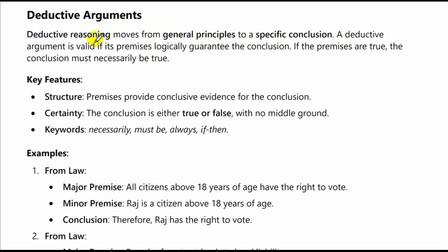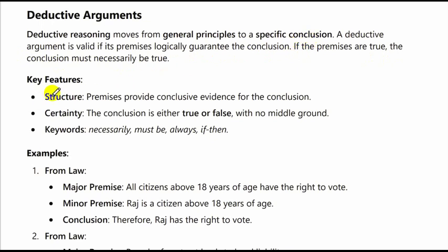A deductive argument is valid if its premises logically guarantee the conclusion. If the premises are true, the conclusion must necessarily be true. So it moves from general principle to specific conclusion.